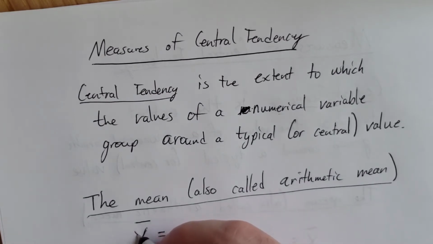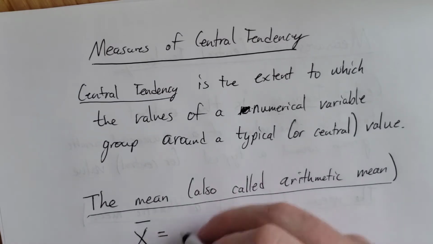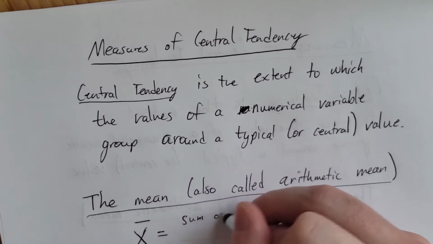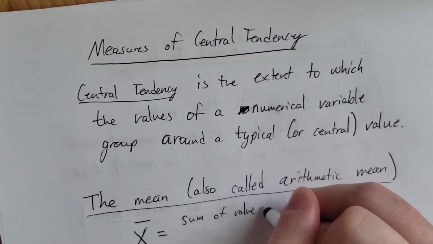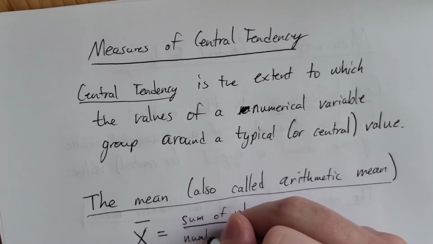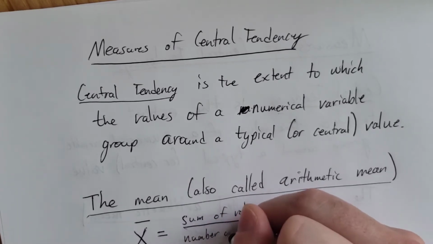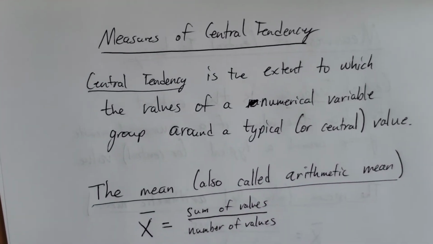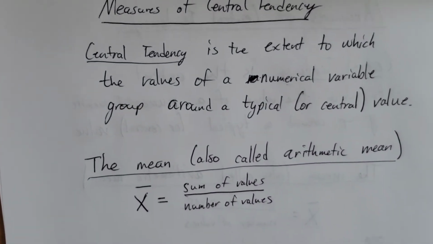This x represents our set of values. So the arithmetic mean is the sum of all values in this set, all divided by the number of values or items in this set. And that's our arithmetic mean.